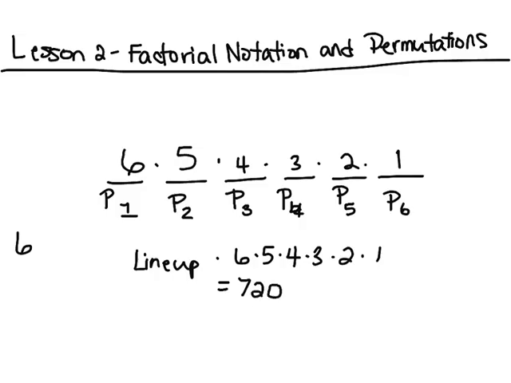Another way that you can write this into your calculator is using factorials. So 6 times 5 times 4 times 3 times 2 times 1 is the same as 6 factorial. And there's a button on your calculator. On mine, it's second function 4. It's usually a second function, and it looks like this. So you can type that into your calculator to get 720.